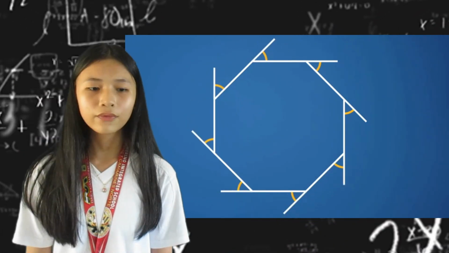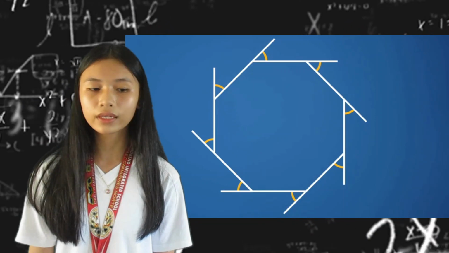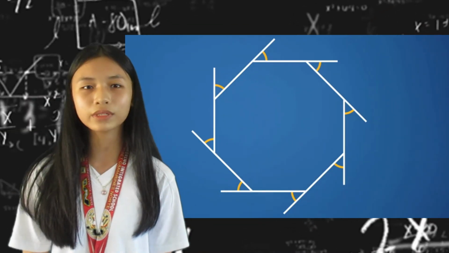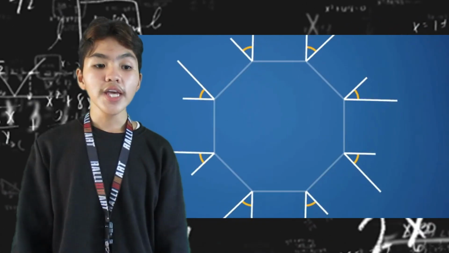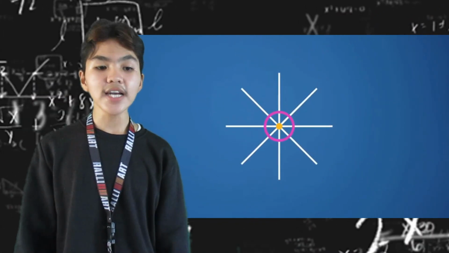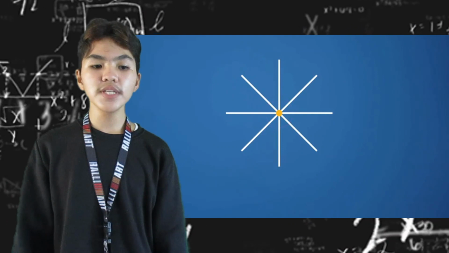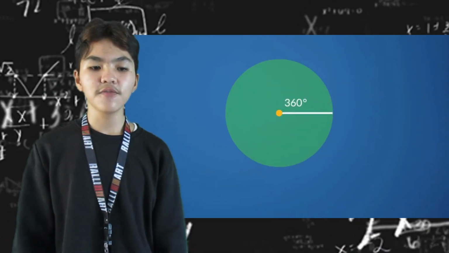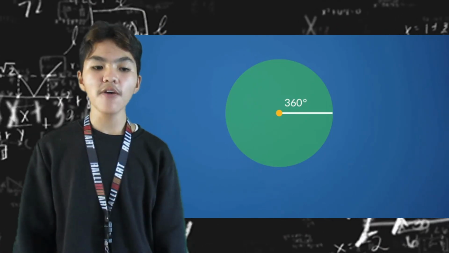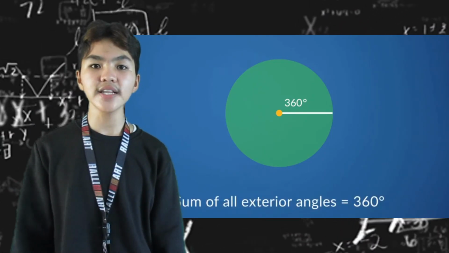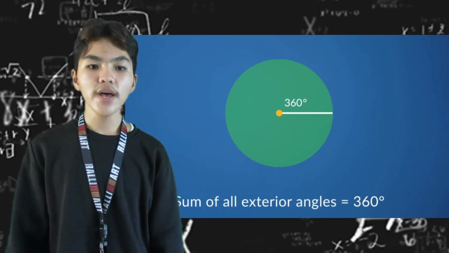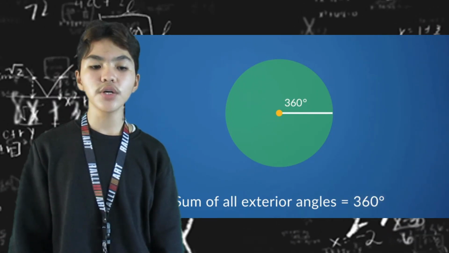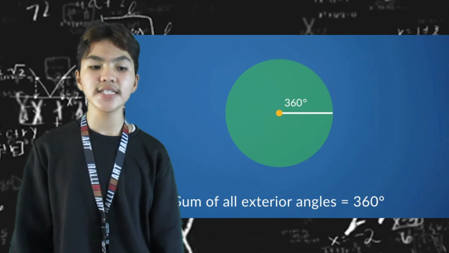Of course, if we keep doing this, we know that we'll get back to where we started from. So, if we take a step back and think about it, all of these turns add up to one full rotation, doesn't it? And a full rotation is the same as a full circle, which is 360 degrees. So, it makes sense then that the exterior angles of a polygon would add up to be 360 degrees.